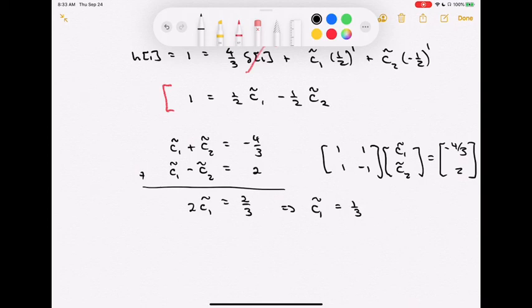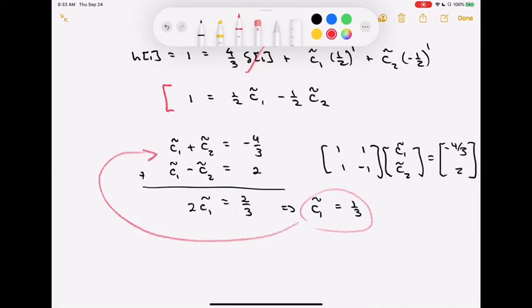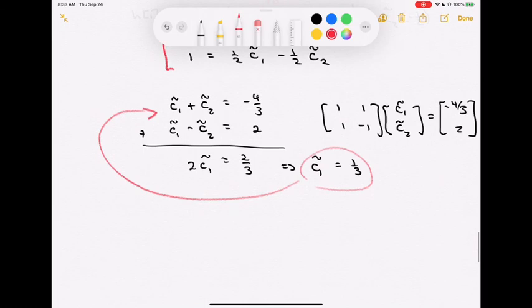Now I just need to go ahead and put that value into one of those two expressions. It doesn't really matter. Take that guy, I'm going to put it into the top one. I'm going to have 1/3 plus C2 tilde equals minus 4/3. Subtract a third from both sides, and what do we get? We get C2 tilde equal to minus 4/3 minus a third, which is minus 5/3, right?